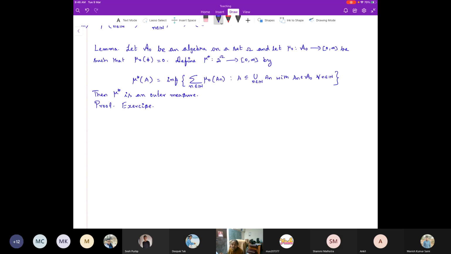The one for Lebesgue measure was proposed by Lebesgue in the beginning of the last century, and in the 1920s and 30s Carathéodory showed that this procedure works for a more general setting, which we are seeing now.